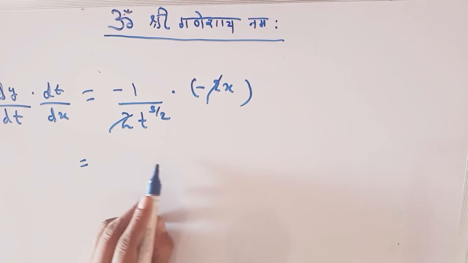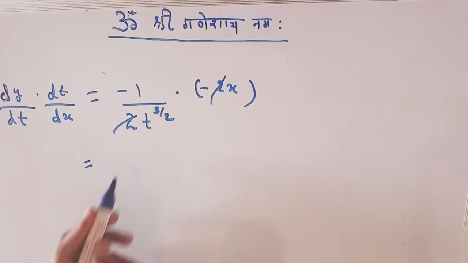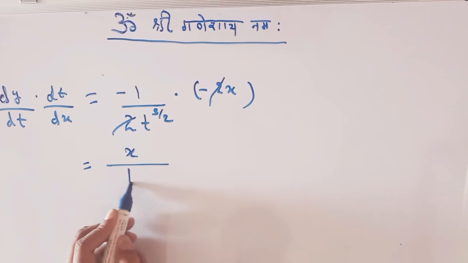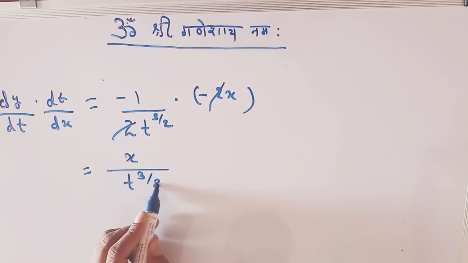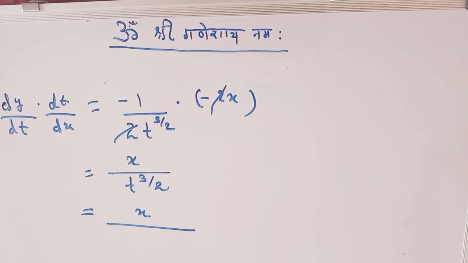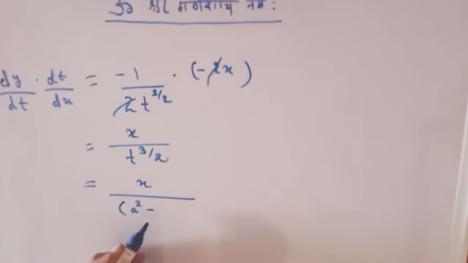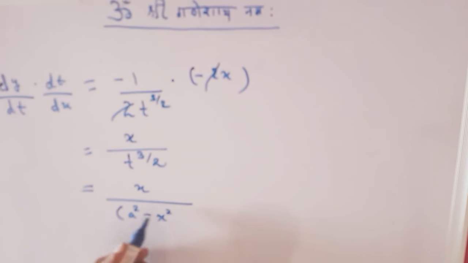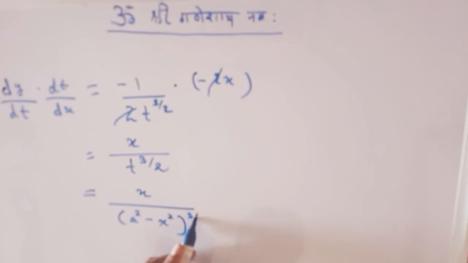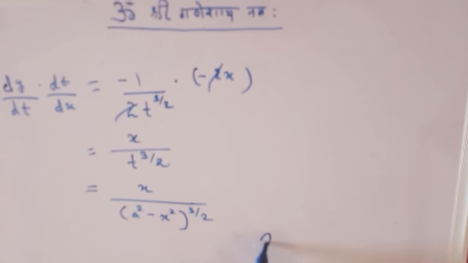So we can write x upon t to the power 3 by 2. Now t to the power 3 by 2 we can write as (a square minus x square) to the power 3 by 2. So this will be our required answer.